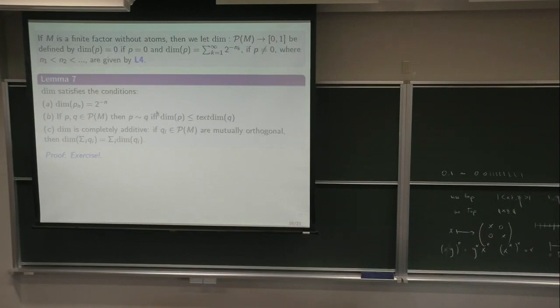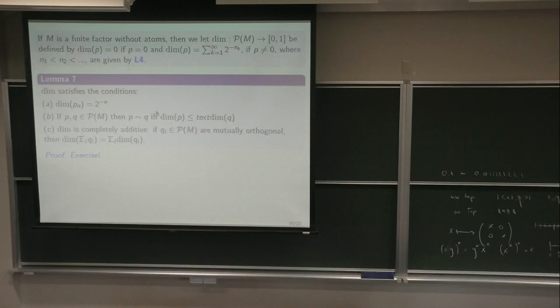The dimension of Pn is 2 to the minus n, as you saw how we constructed it, it's this choice for Pn. It's like writing 2 to the minus n as the sum of 2 to the minus n minus 1 plus 2 to the minus n minus 2, and so on, right?